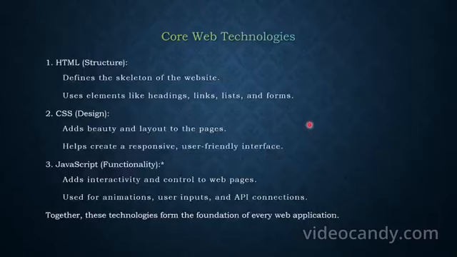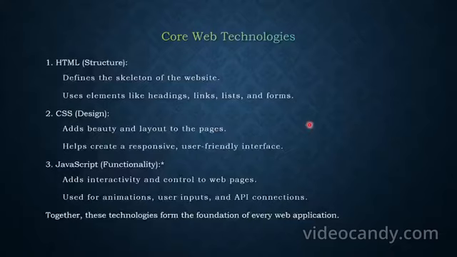Now let us see the core web technologies. Before diving into MERN development, I strengthened my core web fundamentals. For that, I studied HTML, which provides the structure of a web page using elements like headings, forms, images, body content, and so on.